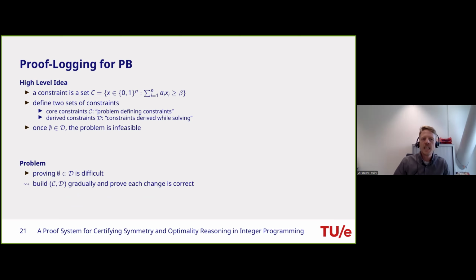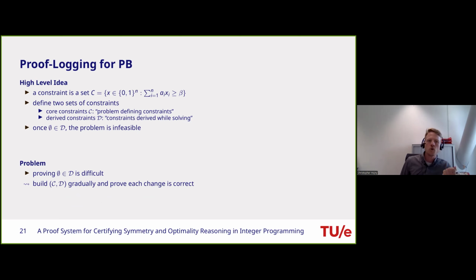What is the high-level idea of this proof logging systems that Bogarts and others introduced? They use the so-called terminology of constraints, which is just the set of binary vectors that satisfy a single linear inequality. And their reasoning is based on defining two sets of constraints.